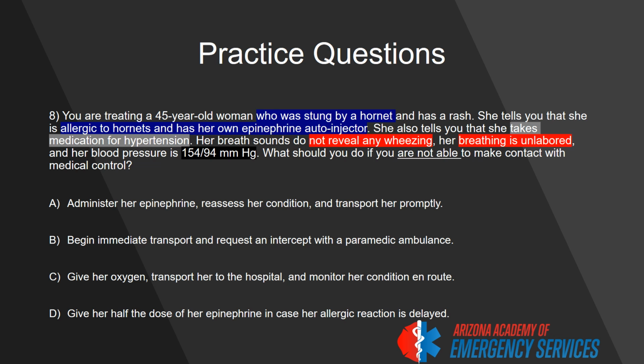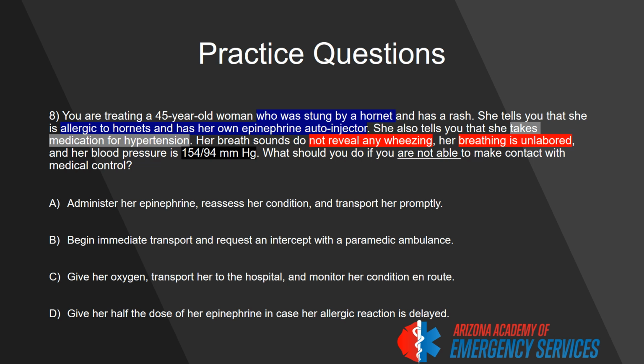So we can mark as secondary information that she takes medications for hypertension. That's part of our history taking. It's good to note that she does also have a history of hypertension. Hypertension is a relative contraindication for the use of epinephrine. Like we talked about a couple slides ago, epinephrine makes your vessels constrict, which of course raises your blood pressure.